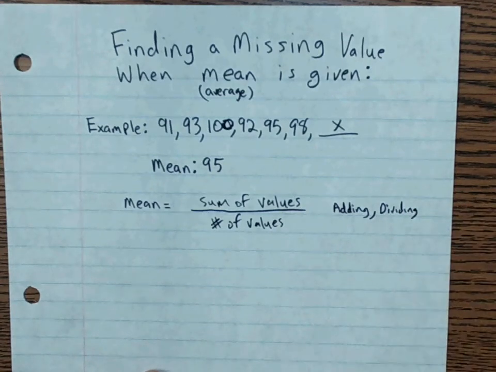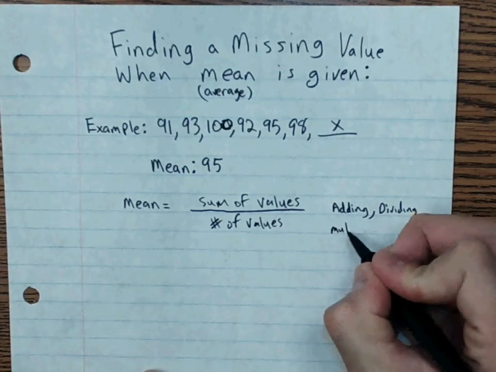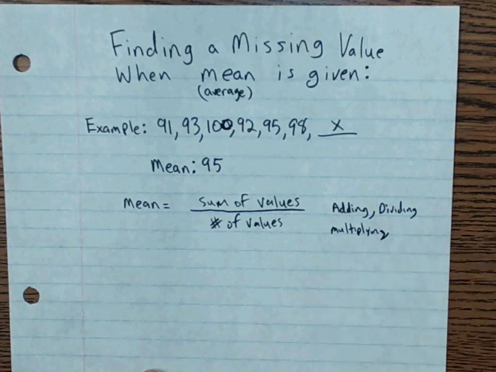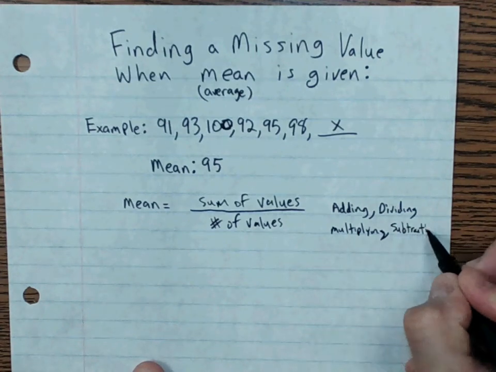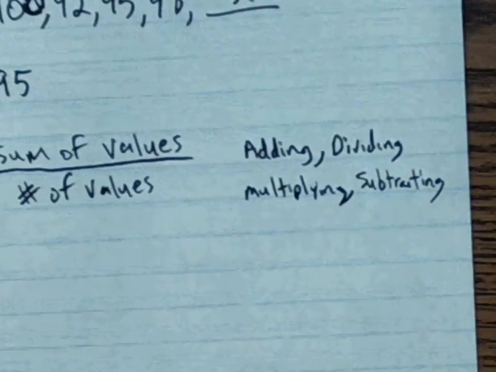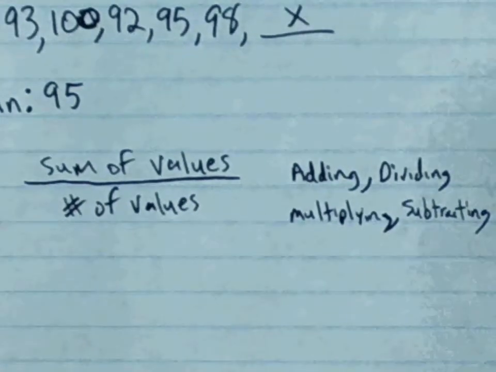The reason I wanted to point that out is because to find a missing value when mean is given, we're going to work in reverse. So think of the opposite of dividing. That's multiplying. And the opposite of adding, the inverse, is subtracting. If you just think about these two steps, multiplying and subtracting, that's really all you have to do when finding a missing value. That's the best way to really simplify it.